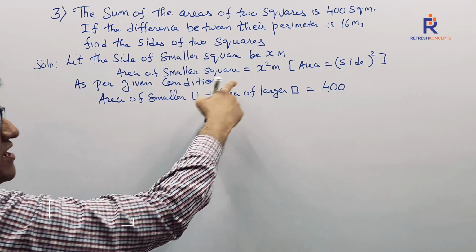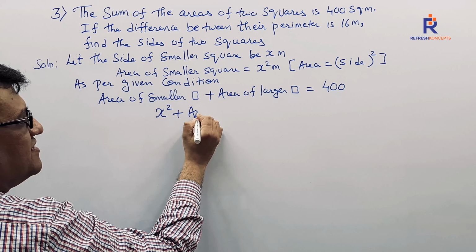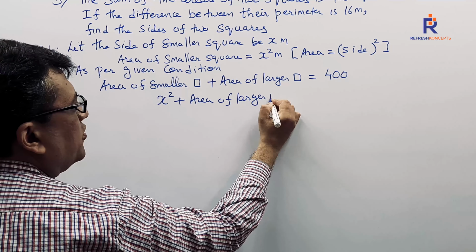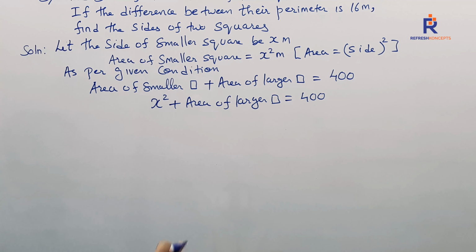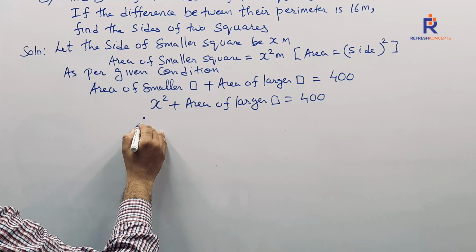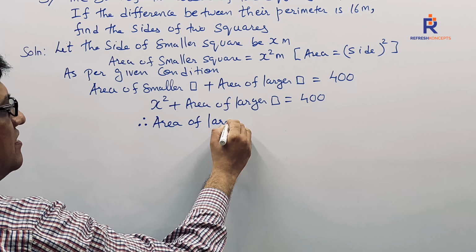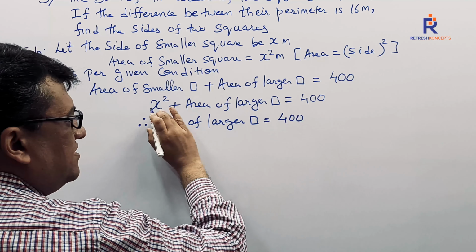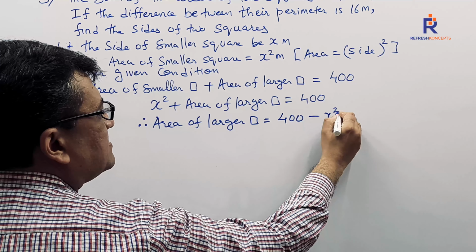Area of smaller square we just now found out, x square, plus area of larger square is 400. So what shall be the area of the larger square? Therefore, area of larger square is 400, and this one when it goes over there becomes minus x square.